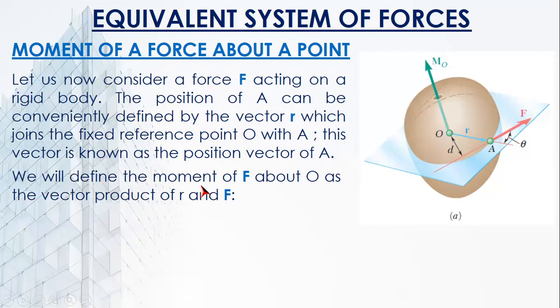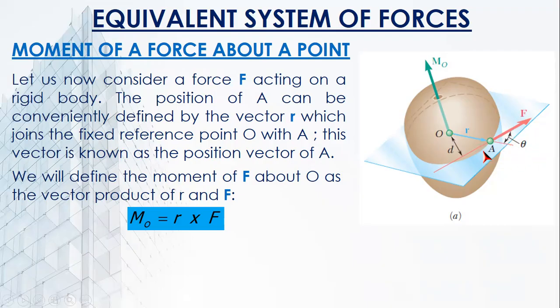We will define the moment of F about O as the vector product of R and F. You look at this figure: here is R, and then F. If you extend the line of action, the angle between R and F is theta.